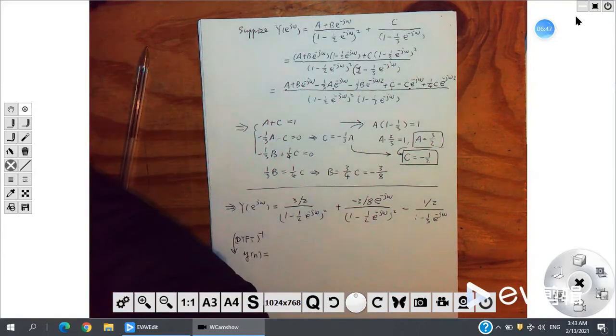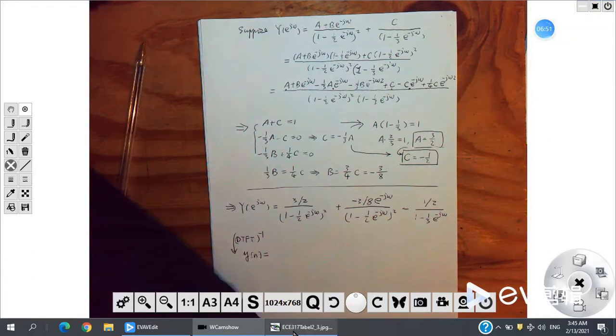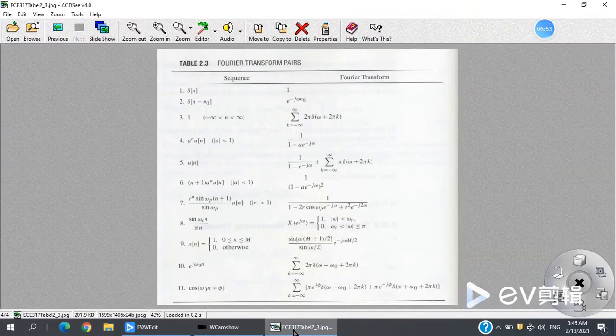We need to check tables. Okay, the square term is here. This is the 6th term in the table, right? The square term according to that one. So, okay, square term, here's a to the n and n plus 1 in front.